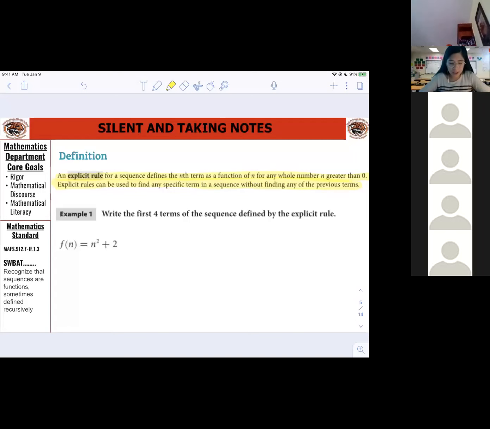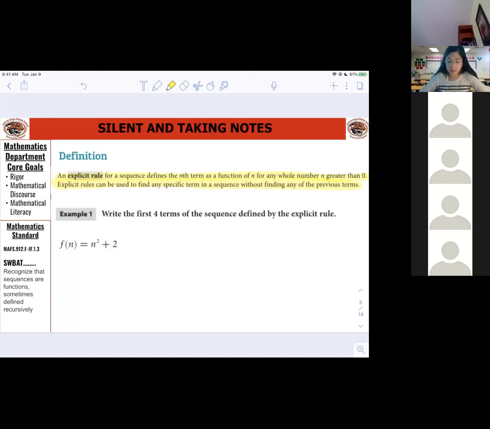So, an explicit rule for a sequence defines the nth term as a function of n for any whole number n greater than 0. So that's kind of a mouthful. There's a lot going on there. But basically what it's saying is you can have a rule where if you plug in n, you can find out your output. So if you have an input of n, you can plug it in and see what you get for f of n.